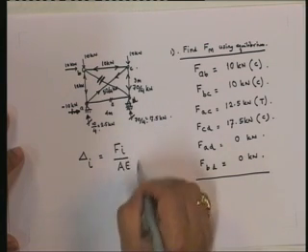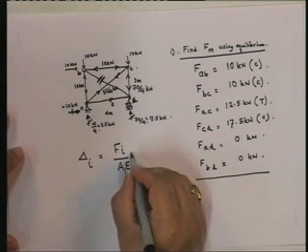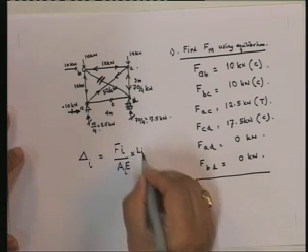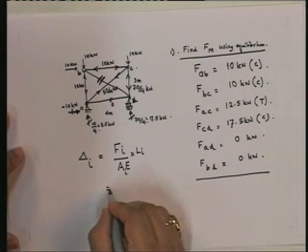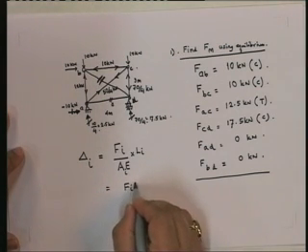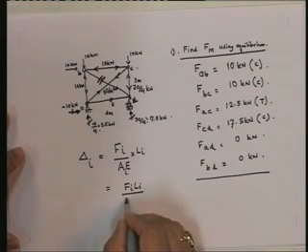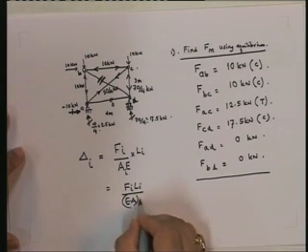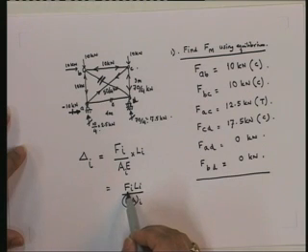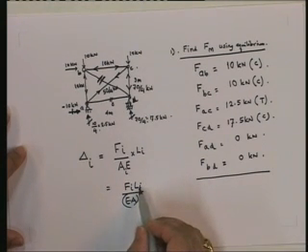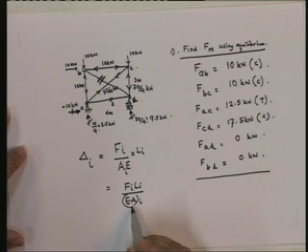The strain is uniform, so therefore integrated over the whole length gives me the axial deformation. So if I rewrite this, this comes out as Fi Li over EAi. Okay, force in the member, axial force in the member, length of the member, the axial rigidity of the member.